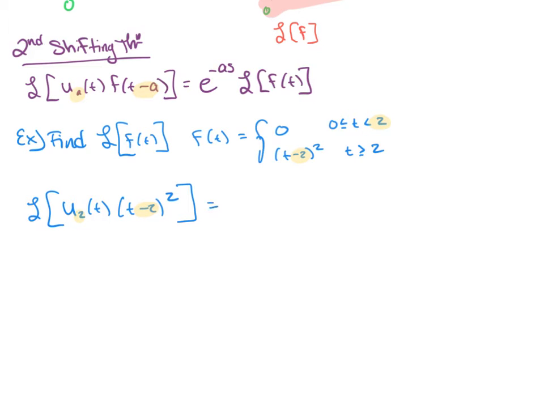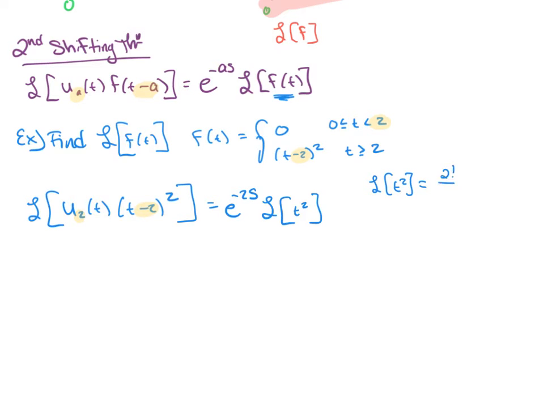So the theorem says that the Laplace of u sub 2 of t times t minus 2 all squared is e to the negative as. Okay, so a is 2. So this will be e to the negative 2s times the Laplace of f of just t. So f of t would be t squared. The Laplace of t squared, we know that.